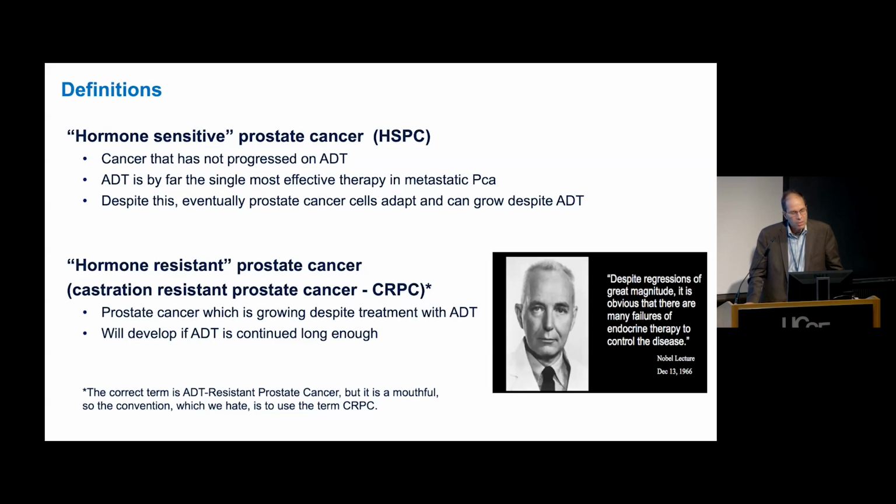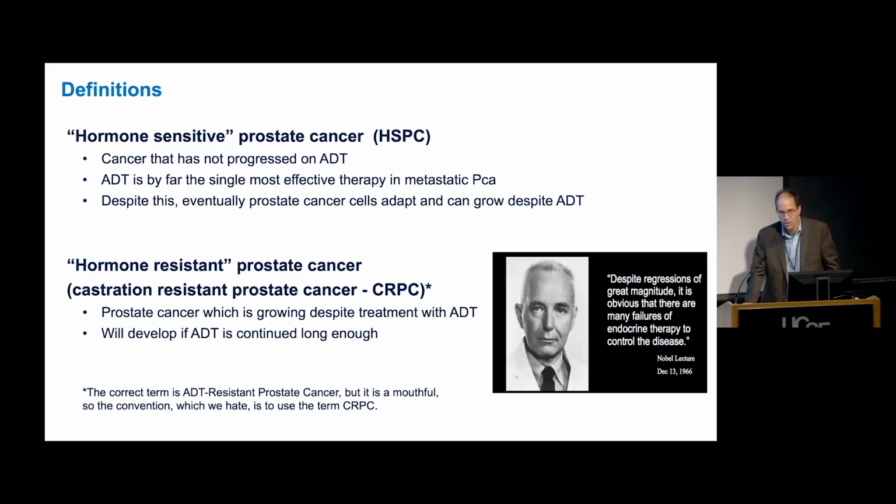And so eventually prostate cancer cells adapt and are able to grow despite a low testosterone level. That scenario used to be called hormone-resistant prostate cancer. That term fell by the wayside. The truly correct term to use is androgen deprivation therapy resistant prostate cancer, which is a mouthful.